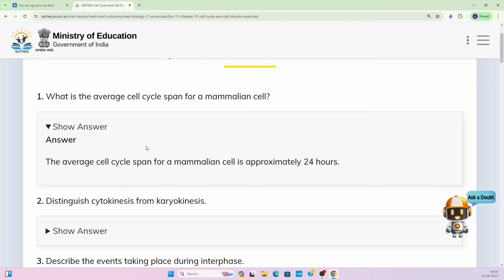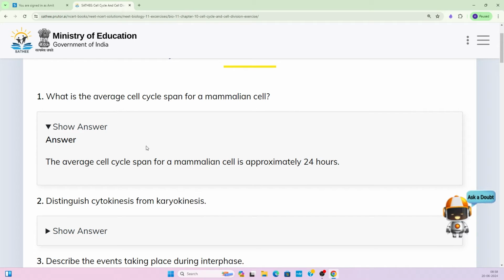Basically the cell cycle has different phases, the interphase and the M phase. The M phase is mitosis in all the body cells, that is the somatic cells, and meiosis in the case of the germinal cells. Interphase has different stages, like G1, S, G2, and there is one G0 also, but not in all the cells.